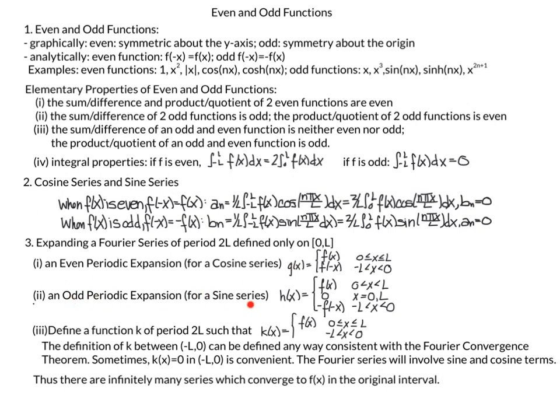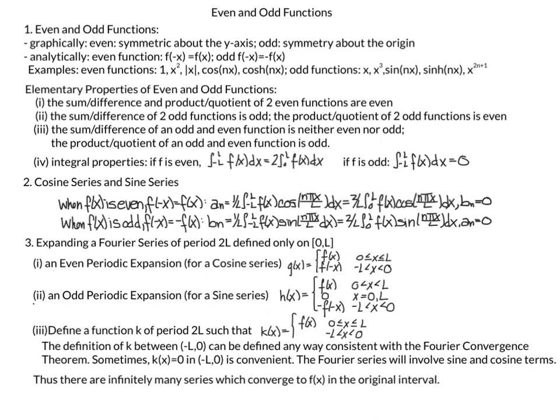Or we can expand in a way to get an odd function, and therefore we only will have a sine series. And there are many reasons to do this. One may be dictated by your problem, or another may be because one of the series, the cosine series, may converge faster than the sine series, or the Fourier series with both sines and cosines.